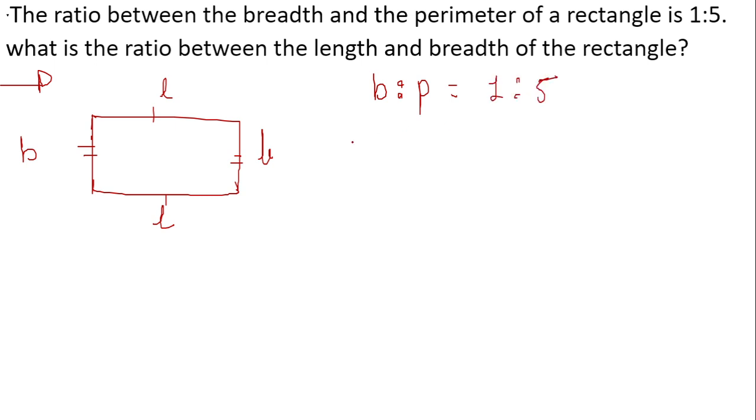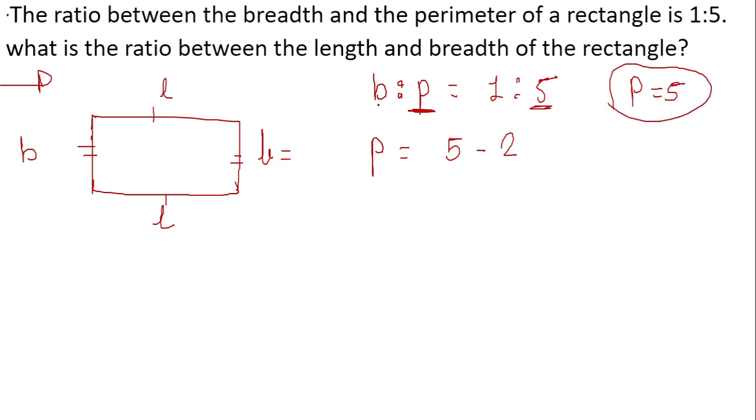For example, can I take the breadth here as 1 and the perimeter of the rectangle as 5? So here I am taking the perimeter as 5 parts. Can I take it like this? Yes, look here. Can I take the total parts? Now here the perimeter, can I take as 5?